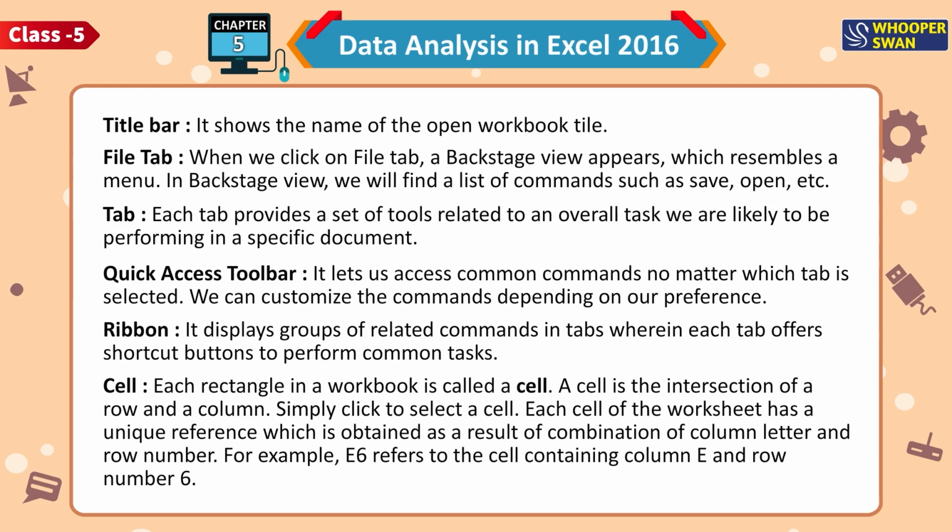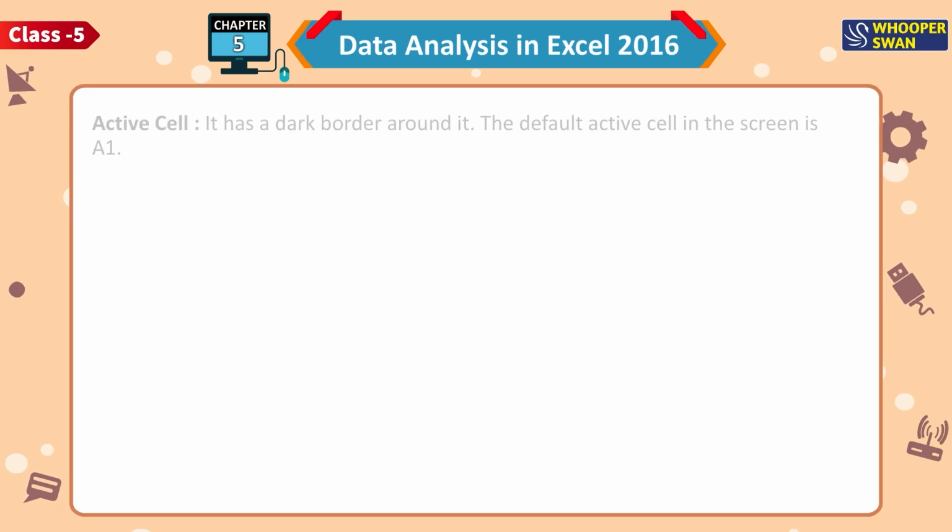Cell. Each rectangle in a workbook is called a cell. A cell is the intersection of a row and a column. Simply click to select a cell. Each cell of the worksheet has a unique reference which is obtained as a result of combination of column letter and row number. For example, E6 refers to the cell containing column E and row number 6.